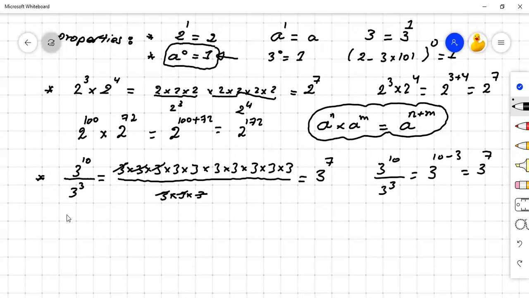And of course, we know that this is the same as 3 exponent 10 divided by 3 exponent 3. These two writings are exactly the same. So the formula is a power n over a power m is equal to a power n minus m.